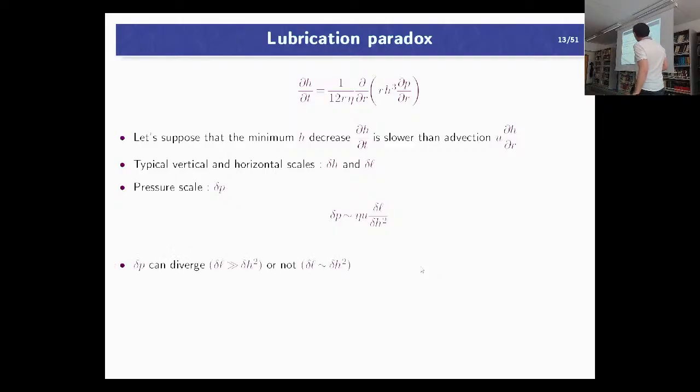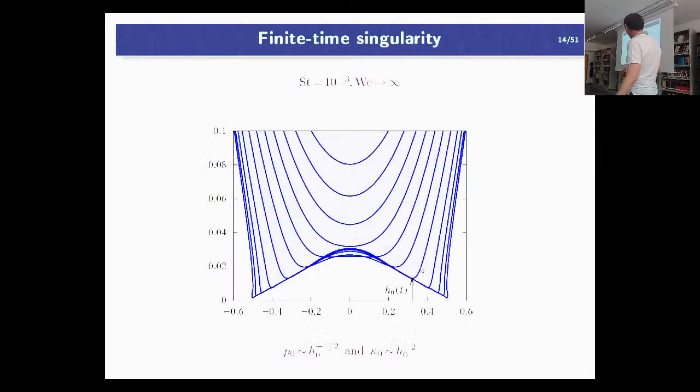What can be seen from this equation is that delta P can go to infinity if delta L is much larger than delta H squared, or it can be finite if the two are of the same order. Another question is what about the curvature in this limit case? What we observe numerically is this series of profiles.